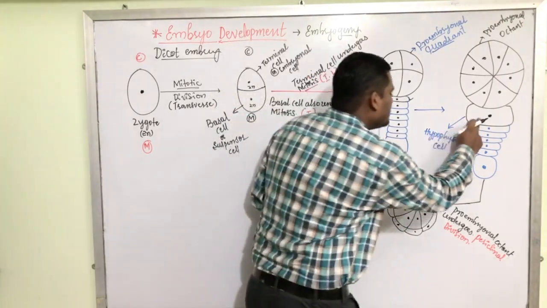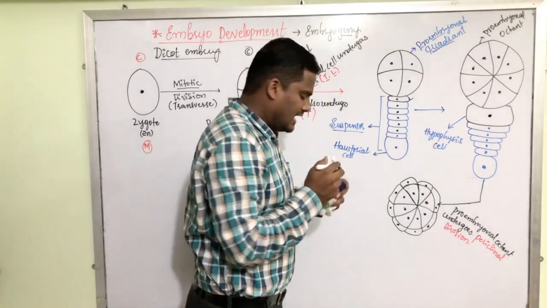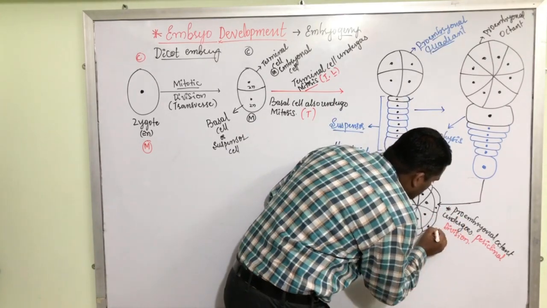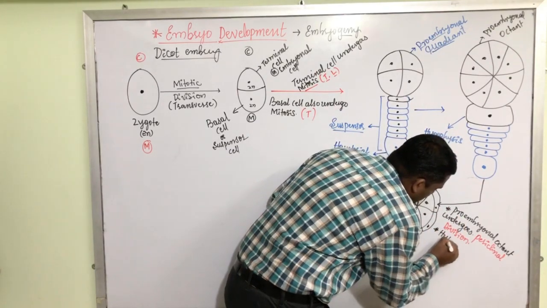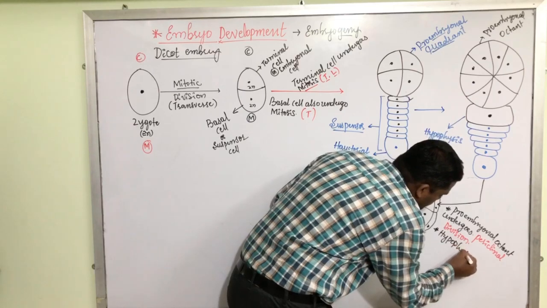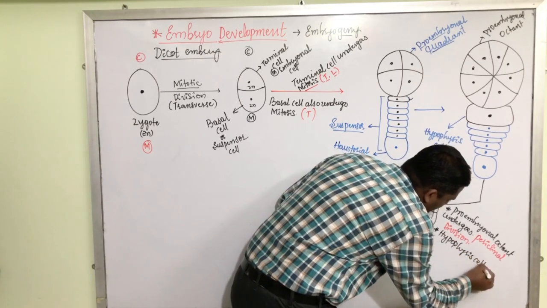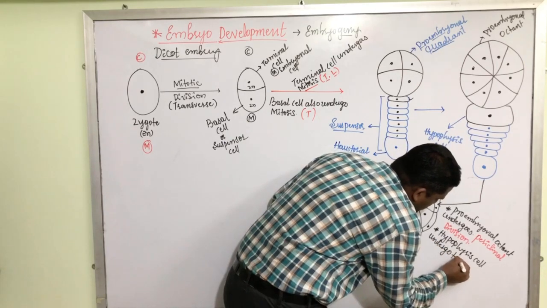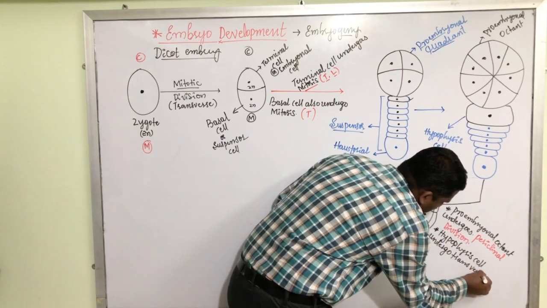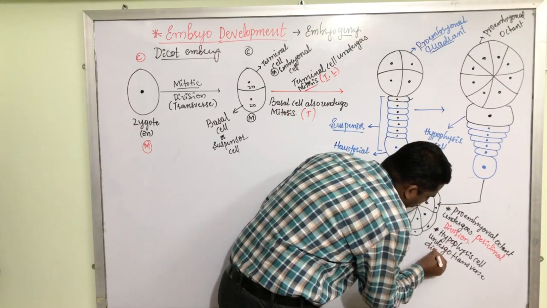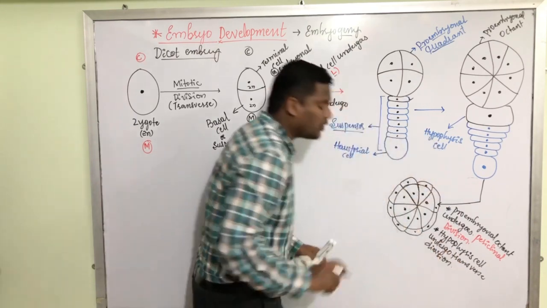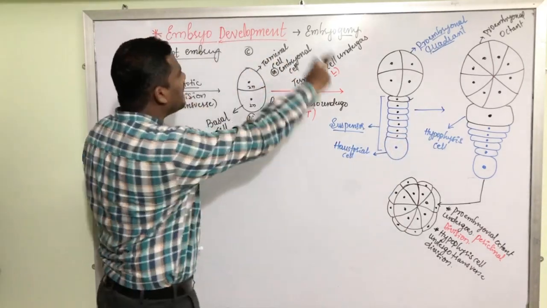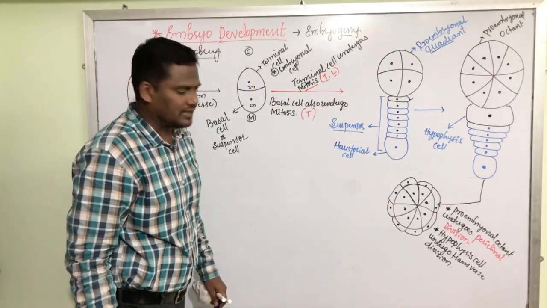Now, this is the hypophysis. Hypophysis also undergoes transverse division, and all these divisions are mitotic divisions. There is no meiotic division in the entire embryo development process, my dear friends.